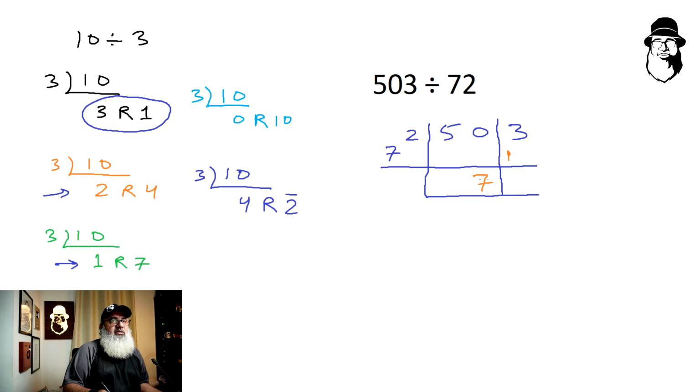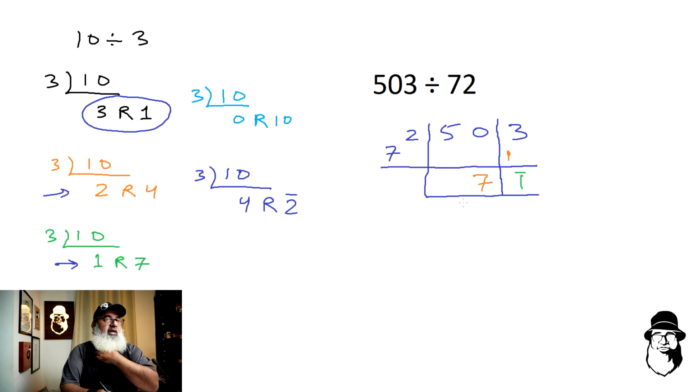Now the next step is we multiply this 7, the new answer digit, by the number on the flag. 7 times 2 is 14, and when we do 13 minus 14, we have the remainder bar 1, and we don't want that. Now to solve this, we have two options.